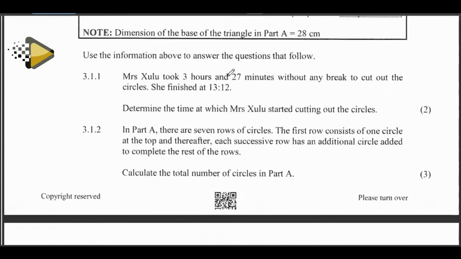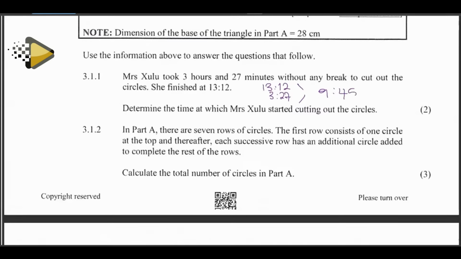Mrs. Noel took 3 hours and 27 minutes without any break to cut out the circles. She finished at 13 hours, 12 minutes. Determine the time when she started. So we're going to do what? We're going to take the end time minus the duration. And this gives us 9 hours.